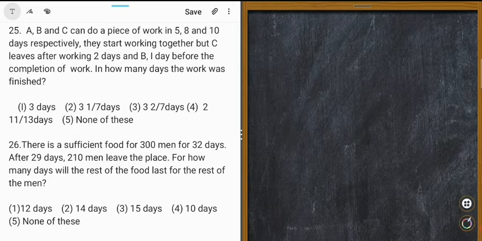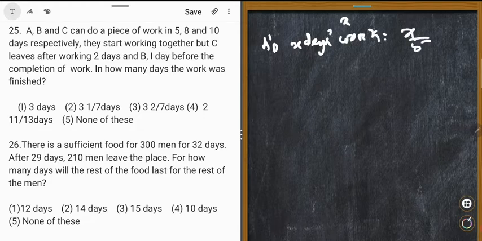So let's do it. Suppose the work was done in X days, right? So A's 1 day's work is equal to 1 upon 5. So A's X days work is equal to X upon 5.